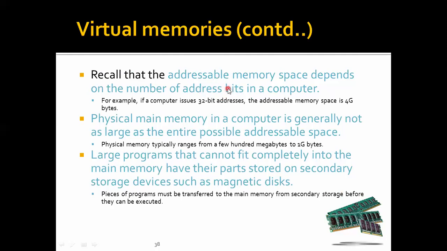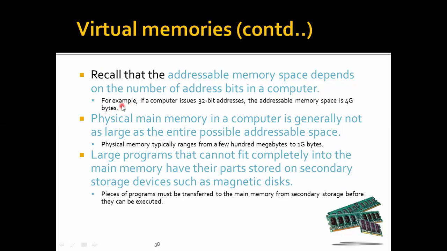Suppose 20 address lines are there, then the total main memory is 2 power 20, that is 1 megabyte. Suppose 16 address lines are there, then the total main memory is 2 power 16, that is 64 kilo locations. Do you remember? So the total addressable memory space depends on the number of address bits in a computer.